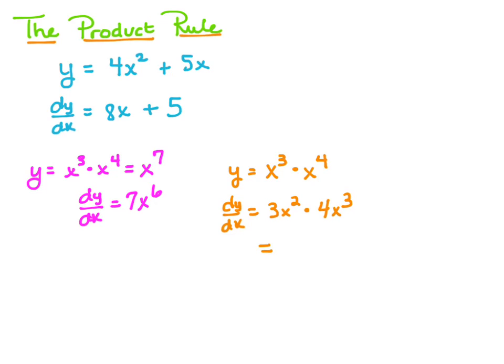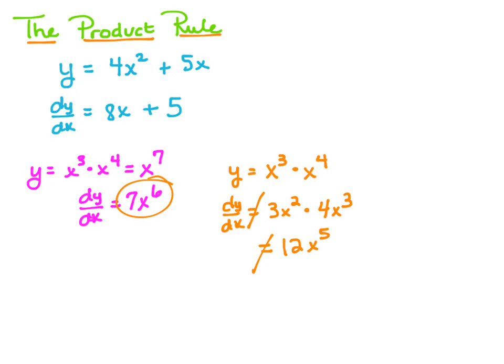And if I multiply those two things together, I get 12x to the fifth, which is not the same as 7x to the sixth. So we can see here that just finding the derivative of each function separately and then multiplying doesn't give us the correct result. The derivative is not equal to 12x to the fifth. The correct derivative is 7x to the sixth.